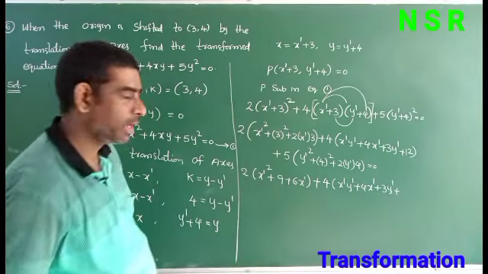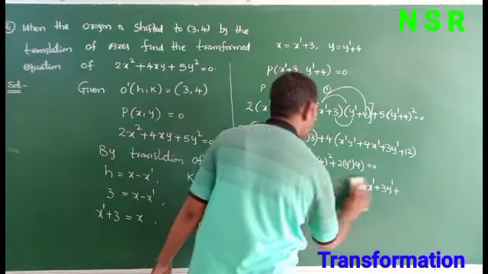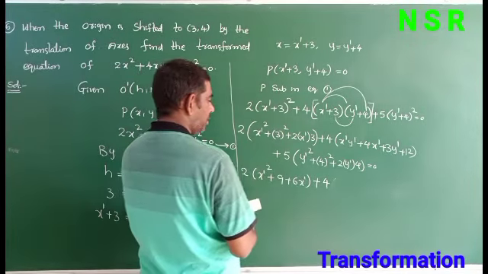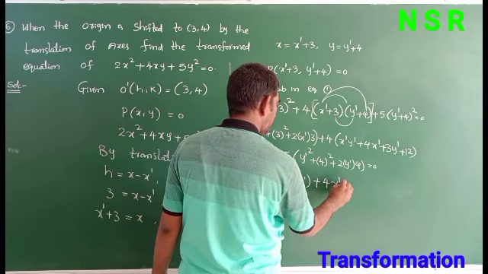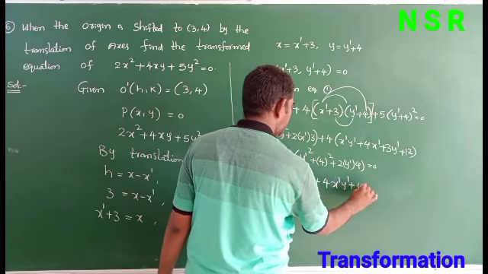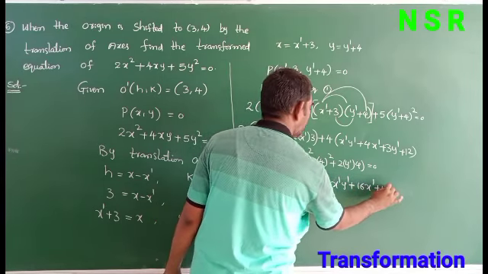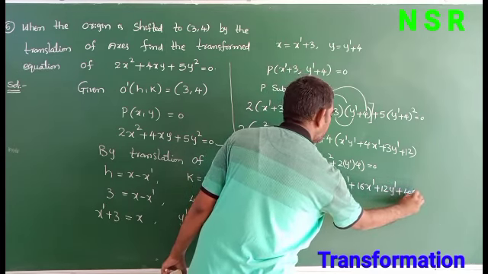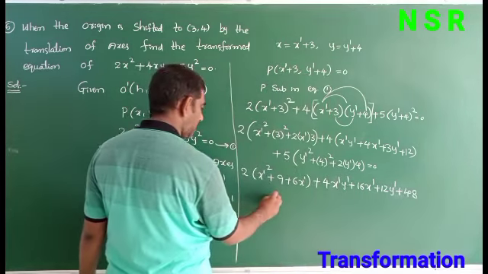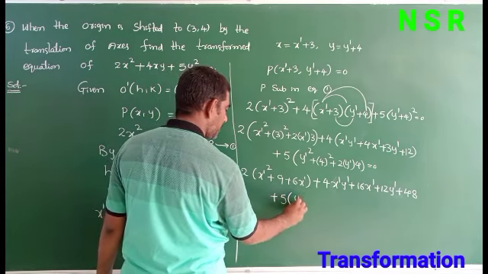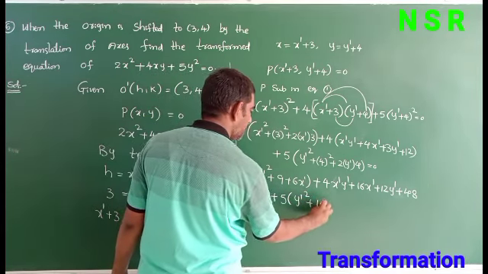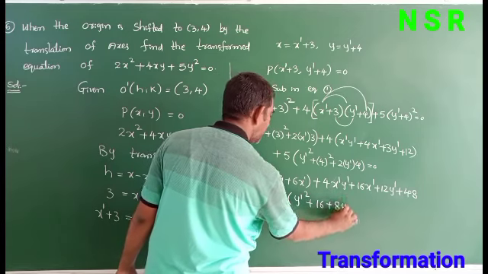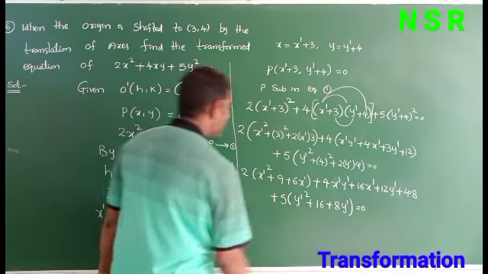So 4 multiply each and every term here. So we get 4x dash y dash, 16x dash, 12y dash, 48, plus 5 into y dash square plus 16 plus 8y dash equal to 0.